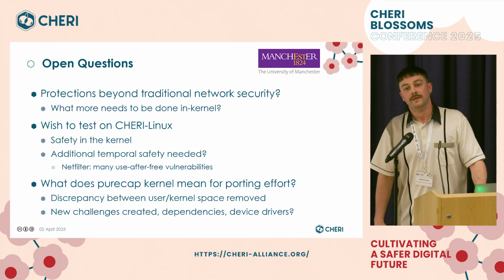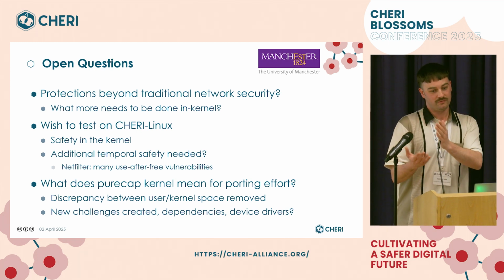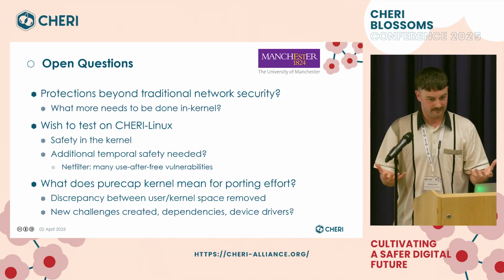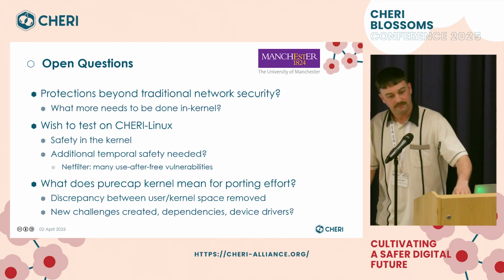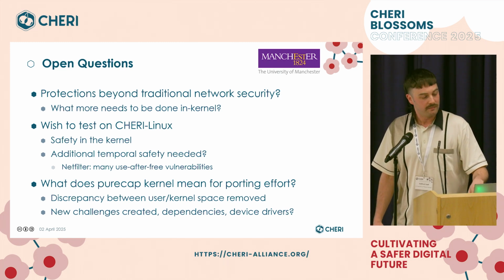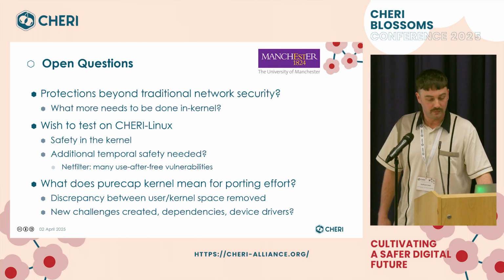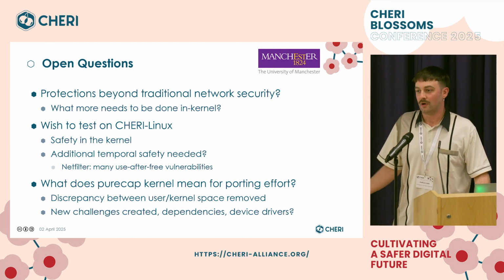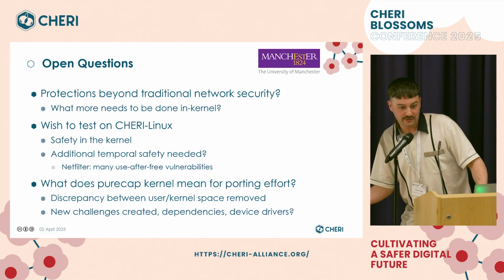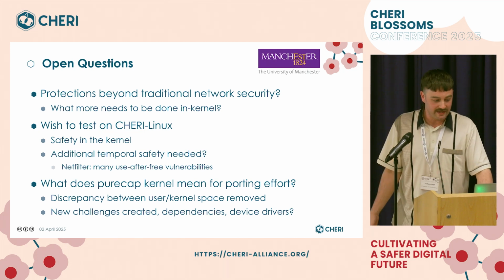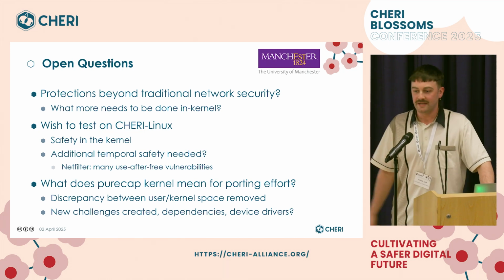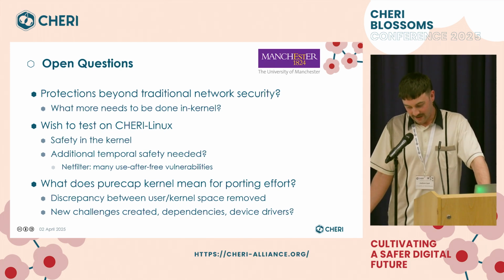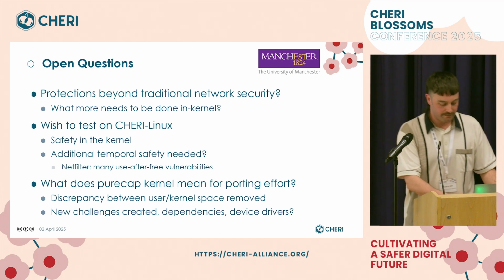I saw that discrepancy in the structures between kernel space and user space because of the hybrid ABI. But if we go to the PureCap ABI and PureCap kernel, where everything's aligned, what new challenges do I have from that? Because I already see problems from not having correct user space packages with test coverage. So what are the new dependencies from that? Would the Intel 100 gig NIC work just out of the box in that? These are interesting open questions.